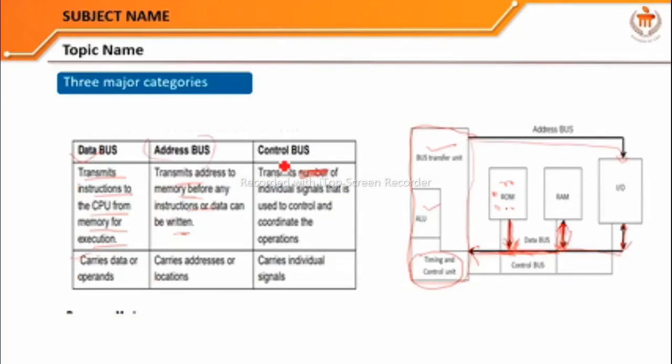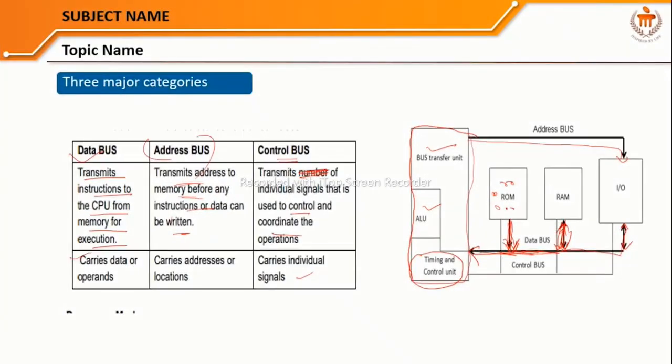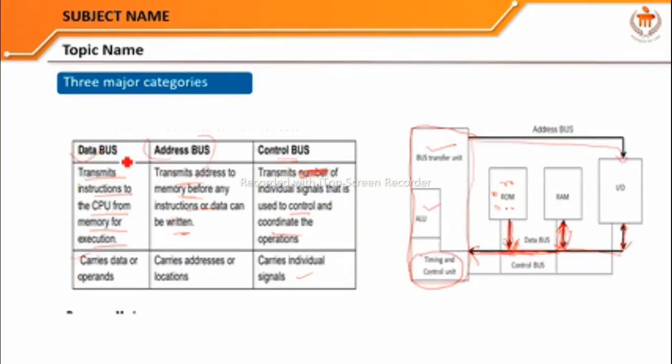And the next one is the control bus. We have already understood read and write operations, carrying individual signals, coordination, and control. These are the things done by the control bus. So now here is the role of the data bus, the role of the address bus, and the role of the control bus.